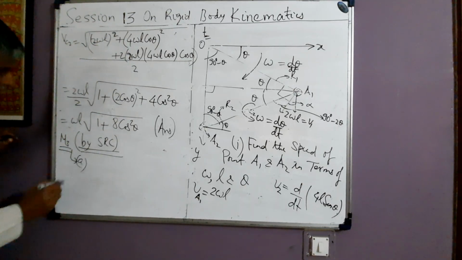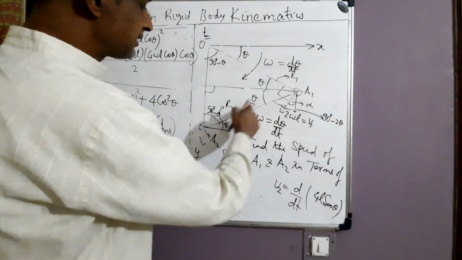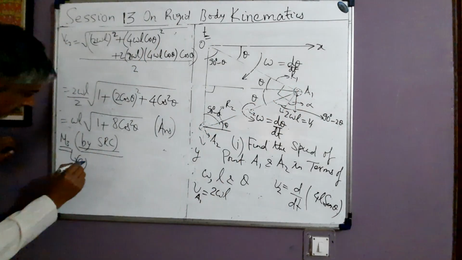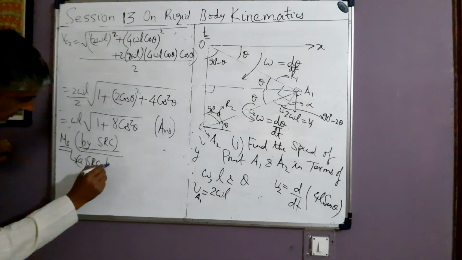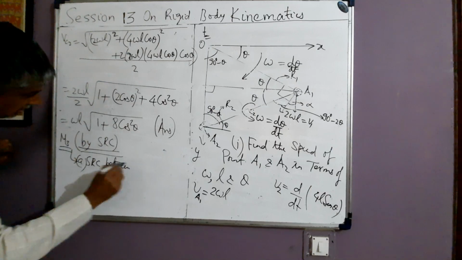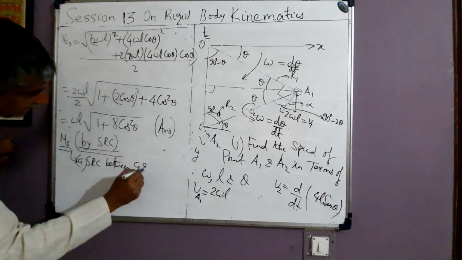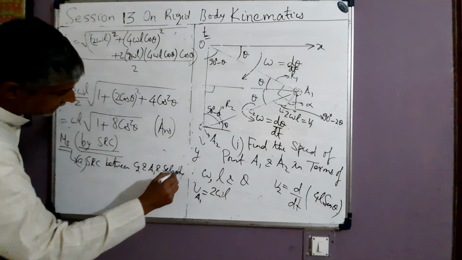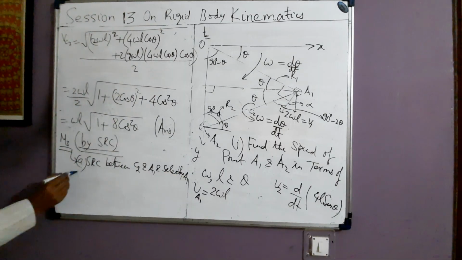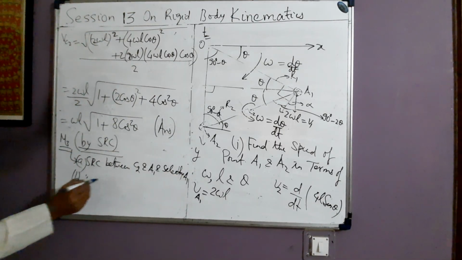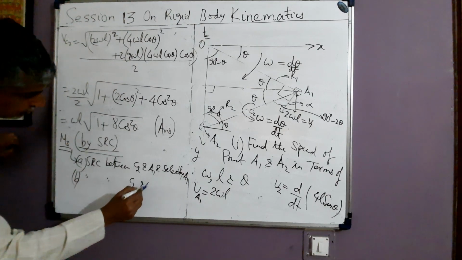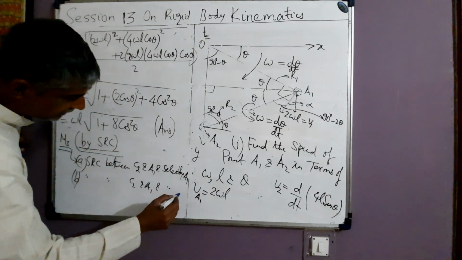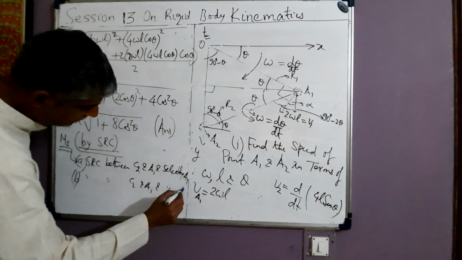Sub case A: we apply SRC between C2 and A1 and select A1. B is SRC between C2 and A1 and selecting C2.